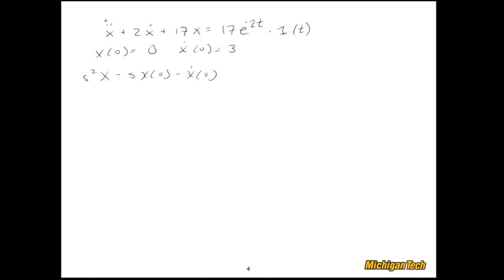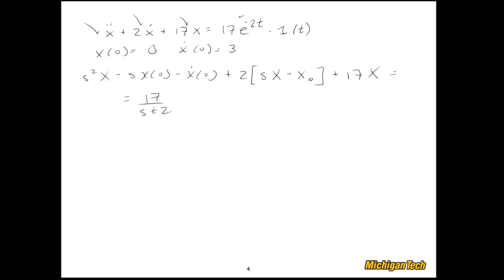That whole 3 terms is just that one x double dot. Plus 2 times s capital X minus x0. That's that one. Plus 17 capital X, that's that one, is equal to 17 over s plus 2. That's that one.